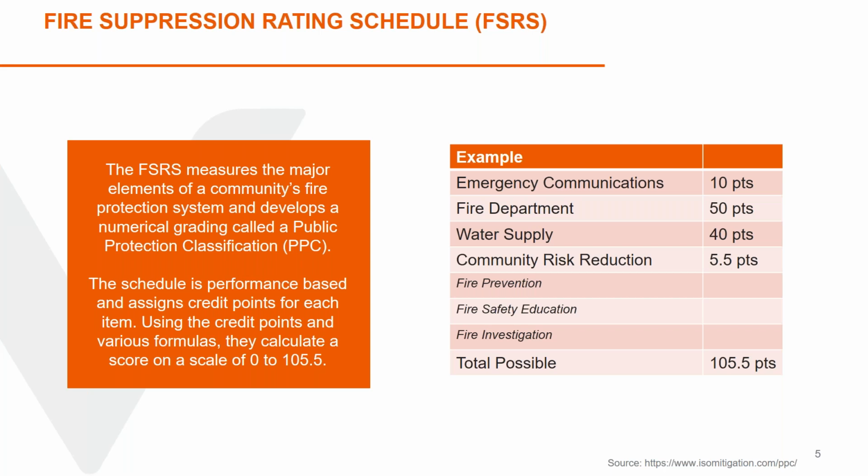Almost 50% of the rating is based on the fire department: the equipment, the maintenance program on the equipment, the number of firefighters, the training, and the response time. That's 50 points out of a scale of 105.